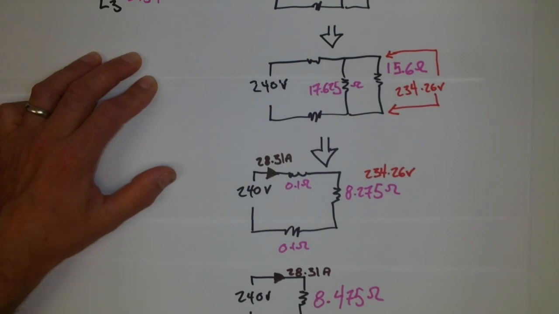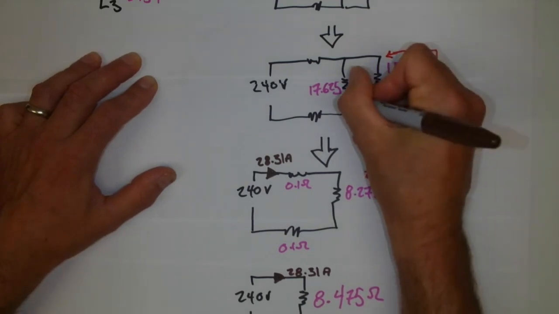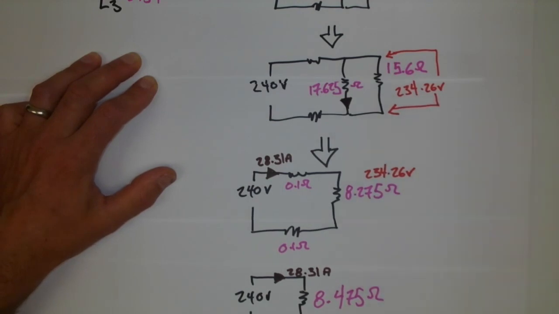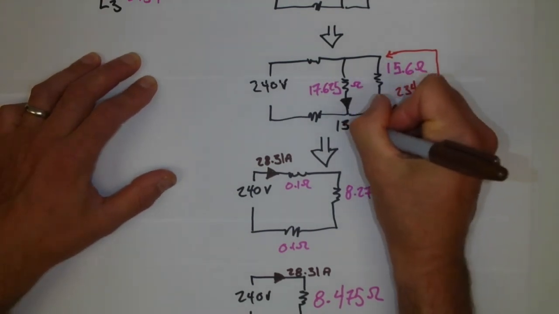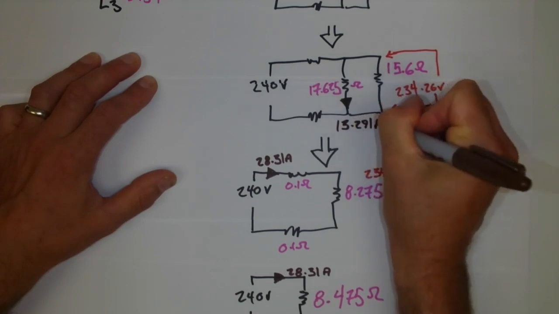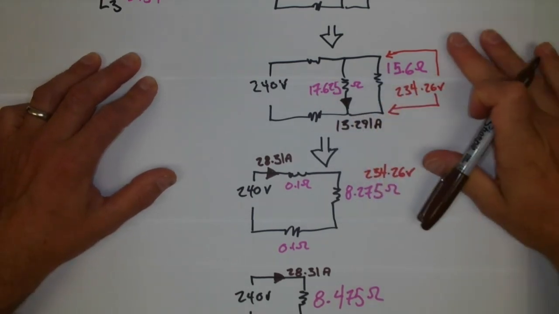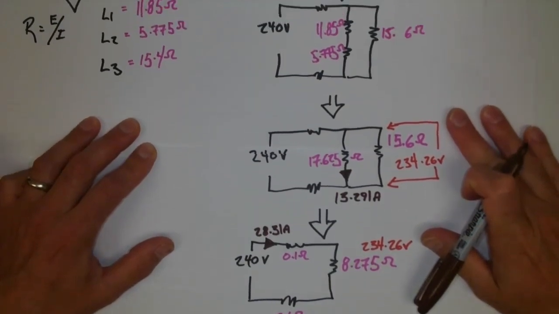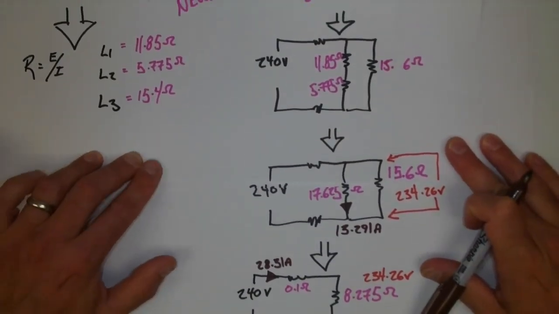Well, let's calculate the current that would flow through this particular branch. So I'm going to take my voltage and divide it by the resistance. 234.26 divided by 17.625 gives me a current value of 13.291 amps.